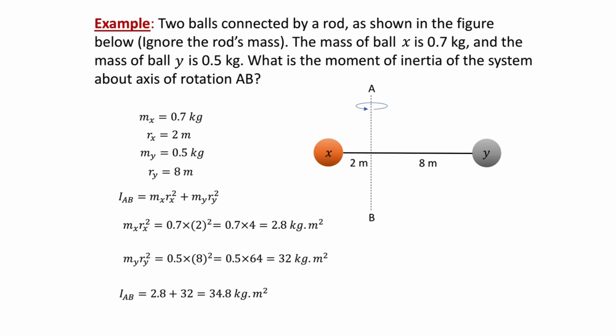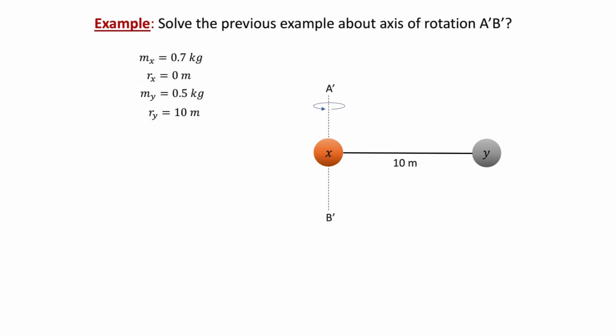34.8 kilogram meter squared. Now, let's compare this situation with the situation in which the rotational axis passes through mass x. rx is 0 because there is no distance between axis A prime B prime and mass mx, but ry is 10 meters.